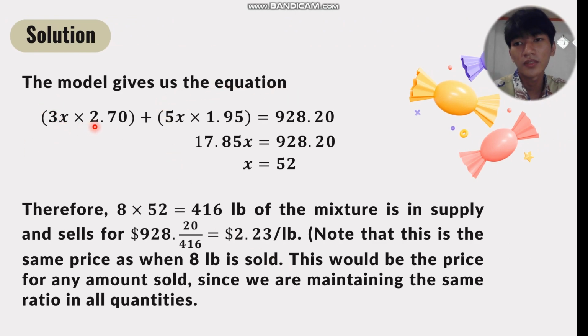The model gives us the equation 3x times 2.70 plus 5x times 1.95 equals 928.20.